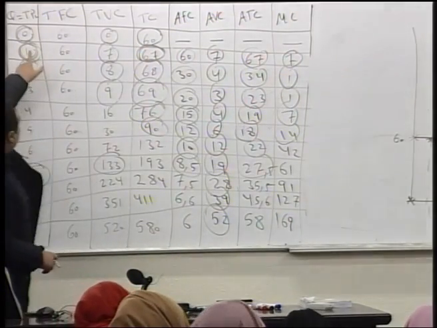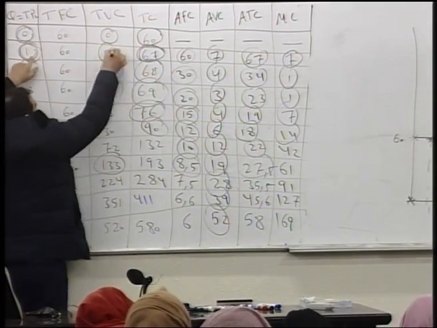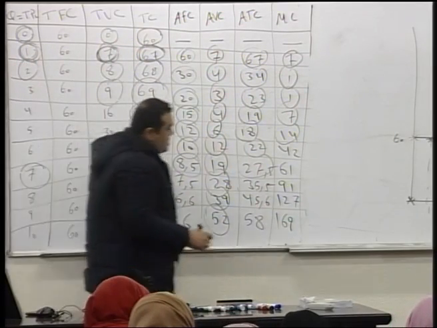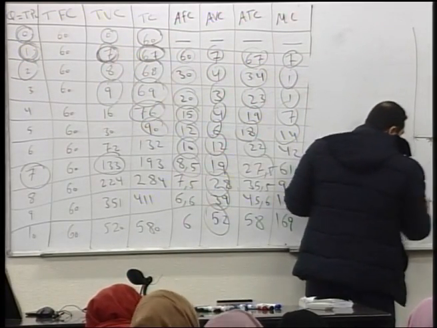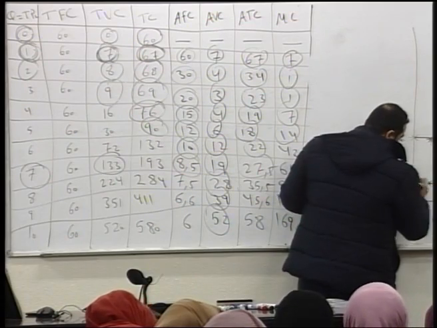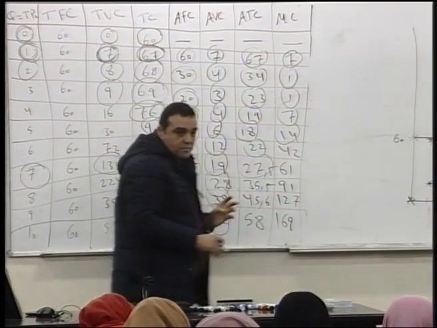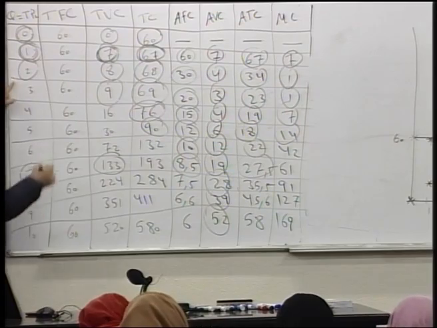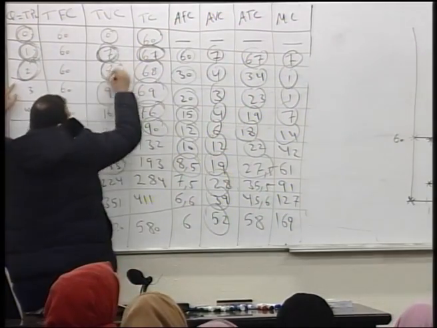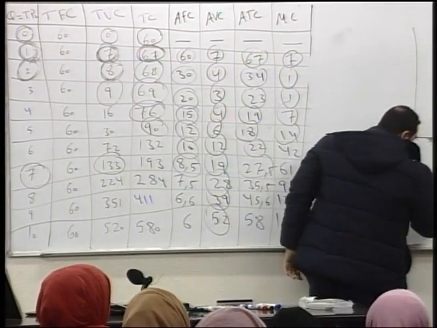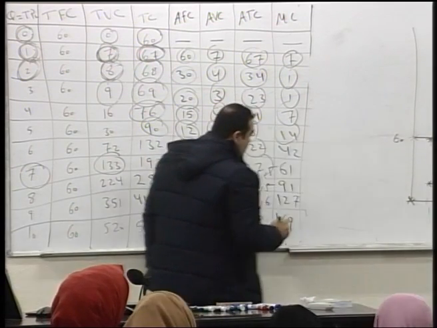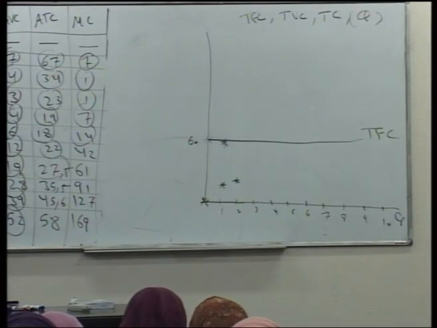At a quantity equals 1, how much is the total variable cost? 7. Let's assume it is here. It's an assumption. Okay. At a quantity equals 2, how much is it? 8. At 3, 9.